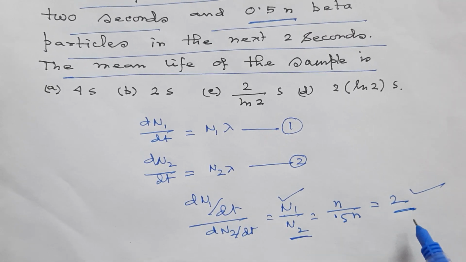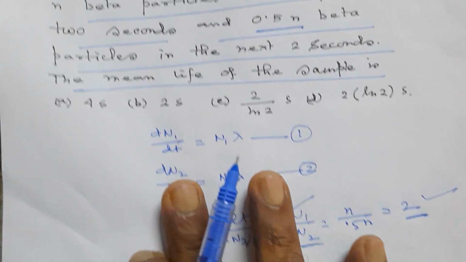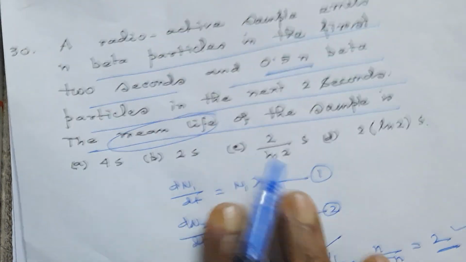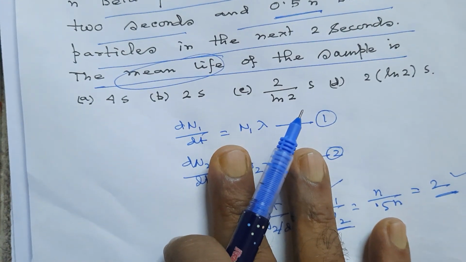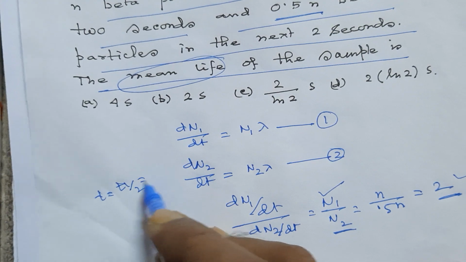So the time period of 2 seconds is the half-life. Now we require the mean life.